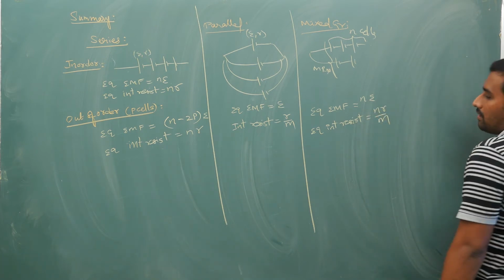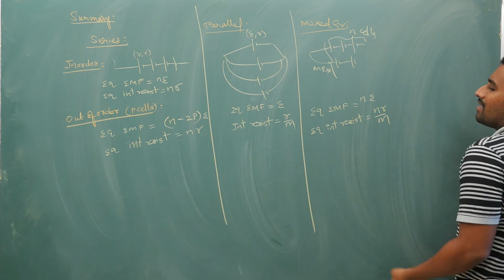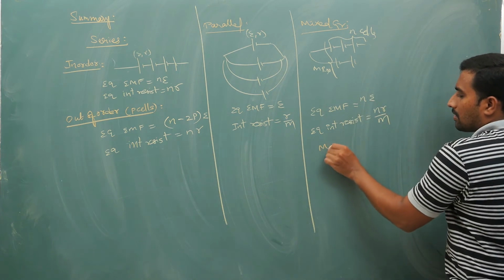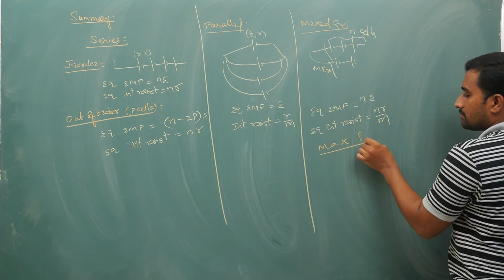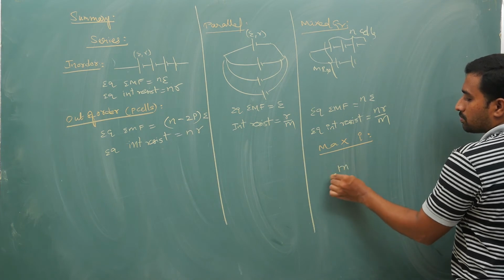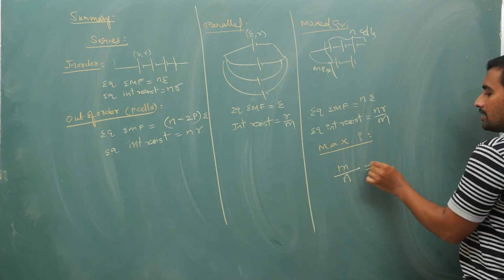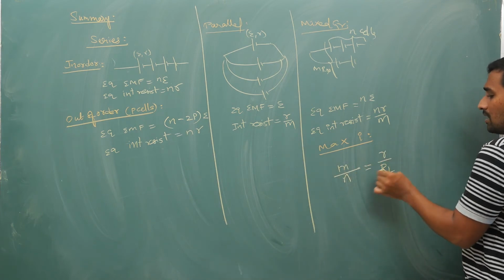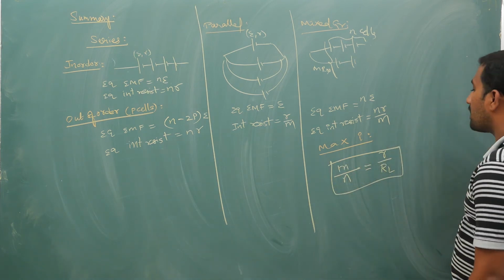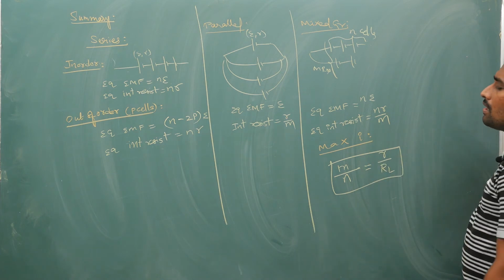And you can write down the current. But maximum I occurs when small m by small n is equal to small r by capital R L.